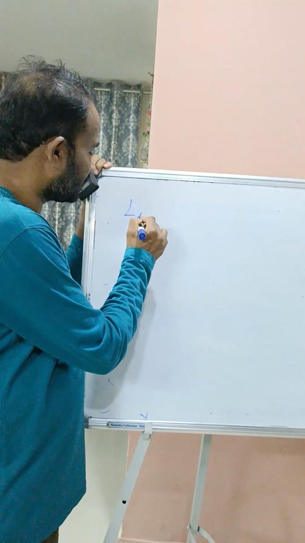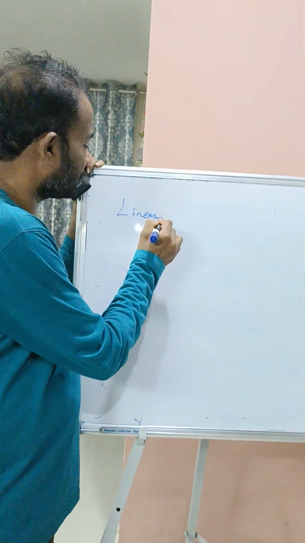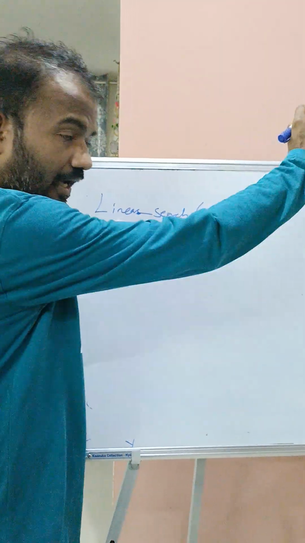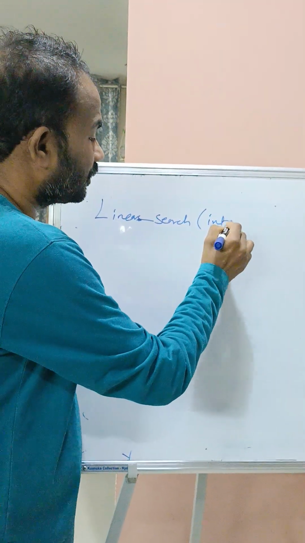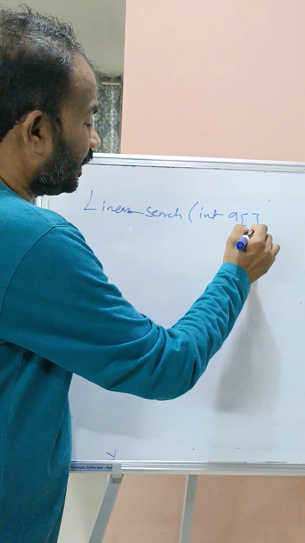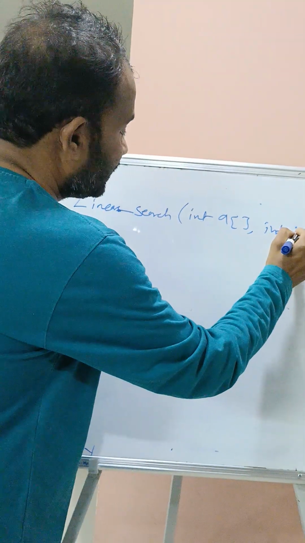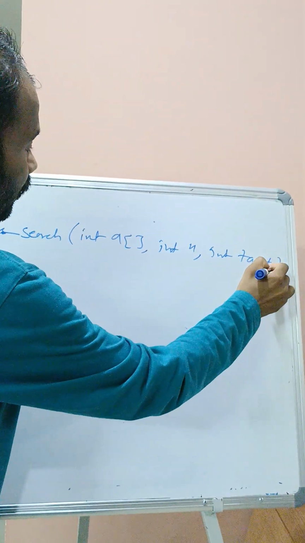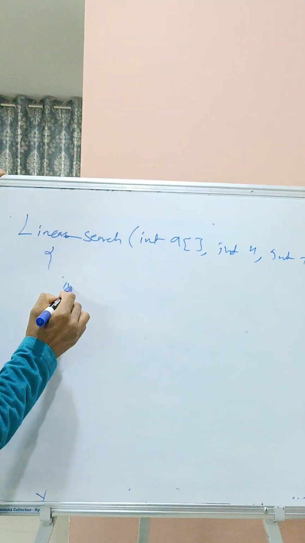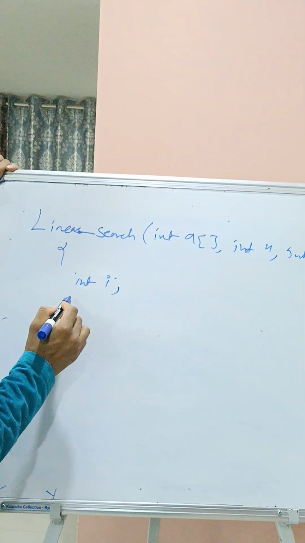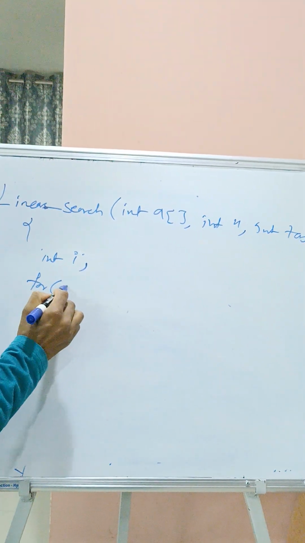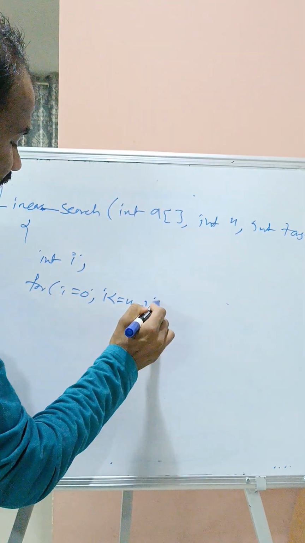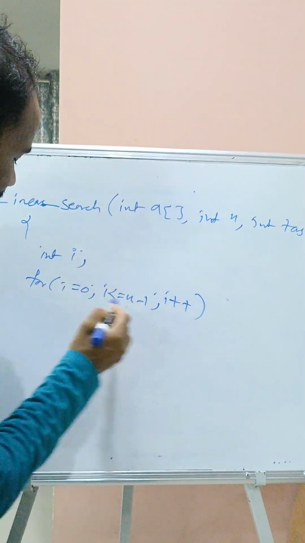So now the last step, comparing elements. What is the name of the function? Linear search. So what are the arguments? The array name int a, the size, and the target. So here I am going to take one temporary variable i. Now for i is equal to 0, i less than or equal to n minus 1, i plus plus.